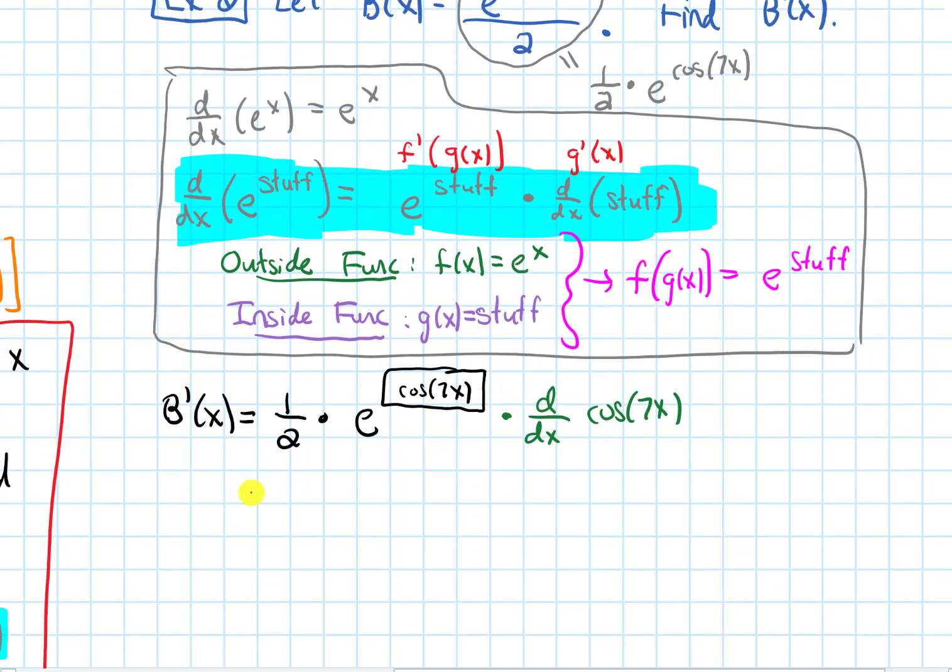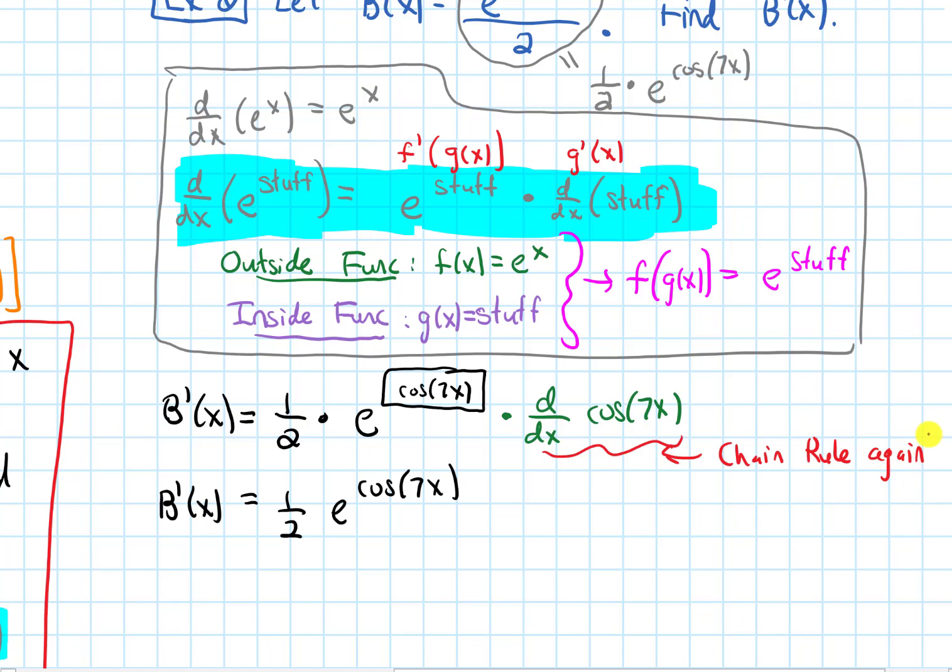All right, so let me write b prime of x here. b prime of x equals 1/2 e to the cosine of 7x. And now for the derivative of cosine of 7x, let's put this in red. This is chain rule again, because I'm not just plugging x into cosine, I'm plugging in some stuff, 7x.